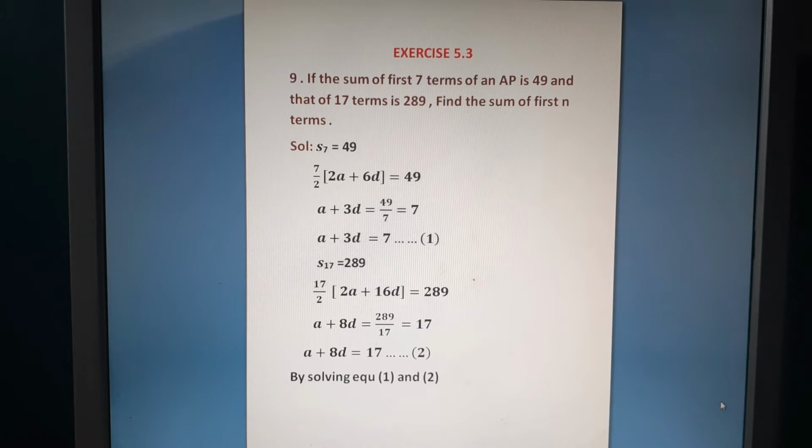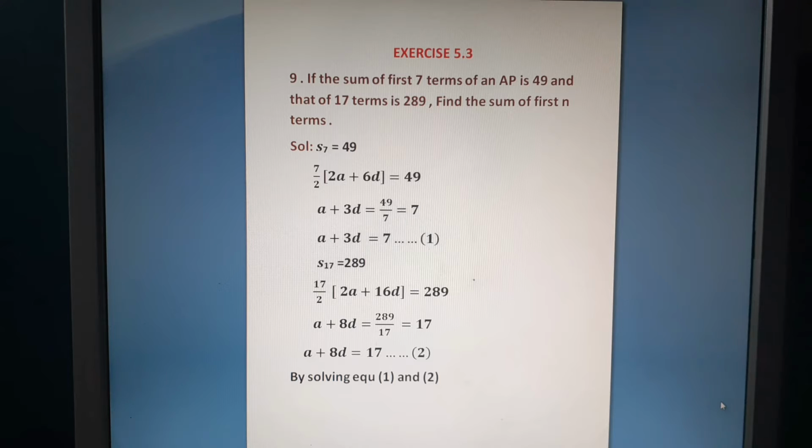That is 17 into (a plus 8d) is equal to 289. A plus 8d is equal to 289 by 17, that is equal to 17. So, a plus 8d is equal to 17. Let this be equation number 2.